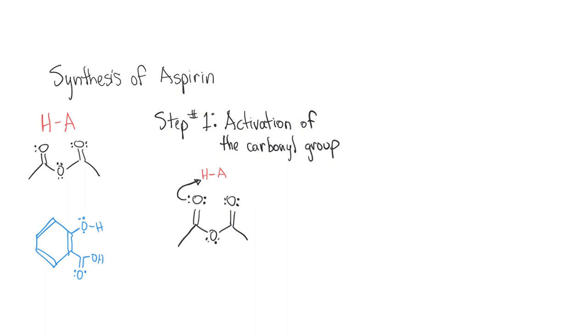I just randomly chose the left oxygen on the left carbonyl group. It is going to go ahead and form a bond with the hydrogen. Now the bond here is going to jump on as a lone pair for the acid. And so what we will get is this structure right here.